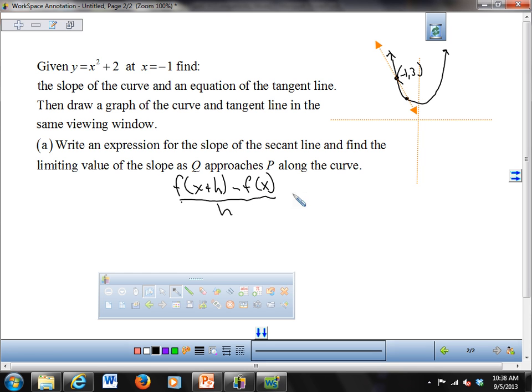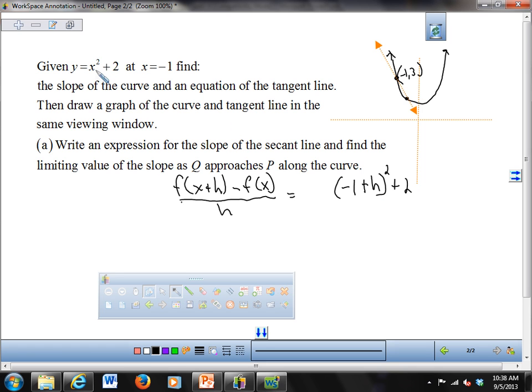And into here, I'm going to plug in f of x plus h, which is going to be just (-1 plus h) squared plus 2.